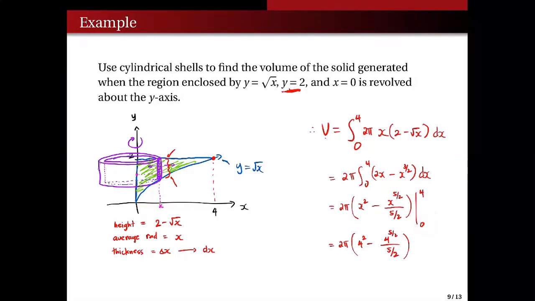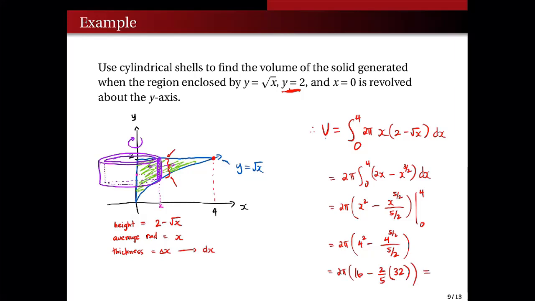If we simplify, we get 2 pi times 4 squared, that's 16, minus 2 over 5 times square root of 4, that's 2, and then 2 raised to 5, that's 32. So this is 64 over 5.